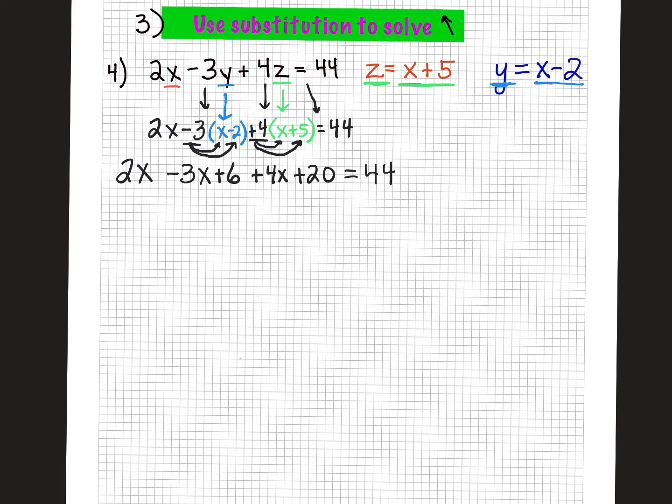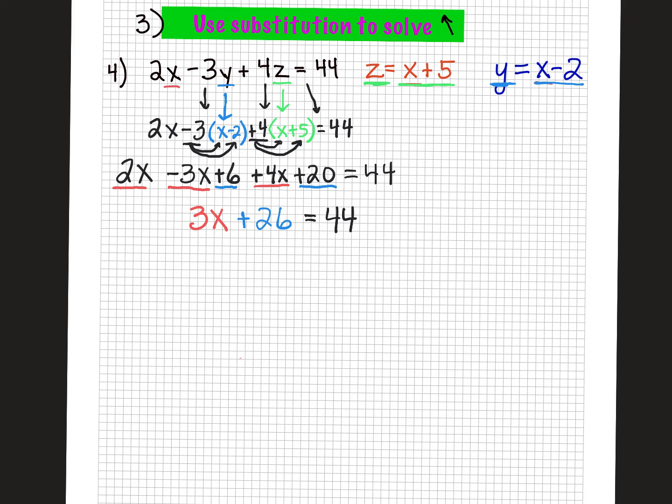Okay, so I've got some combining to do. I can combine the 2x and the minus 3x and the plus 4x. I can combine those: 2 minus 3 is negative 1, plus 4 is 3x. So I combine those, they're all on the same side. I can combine the plus 6 and the plus 20 right now to make plus 26. And then I have equals 44.